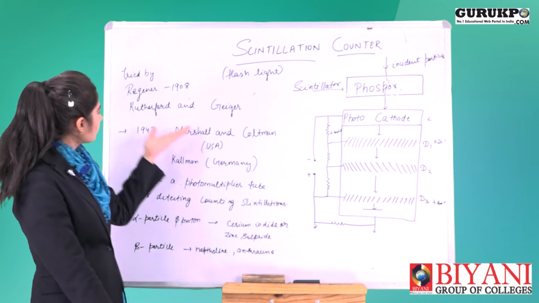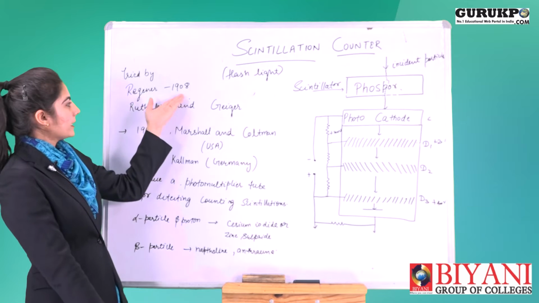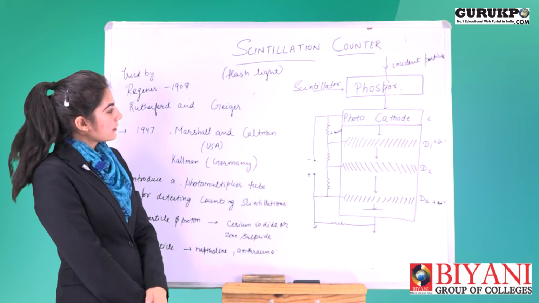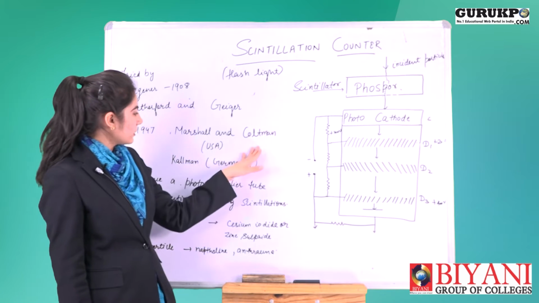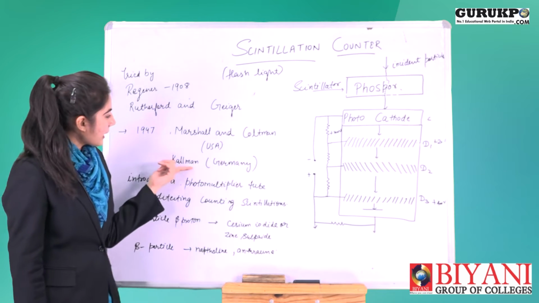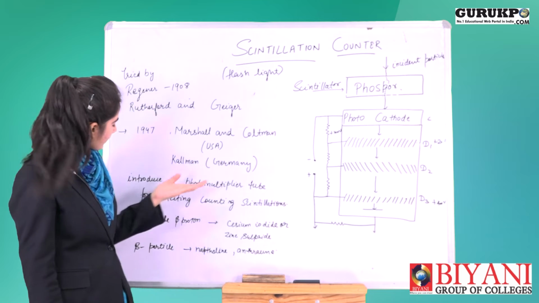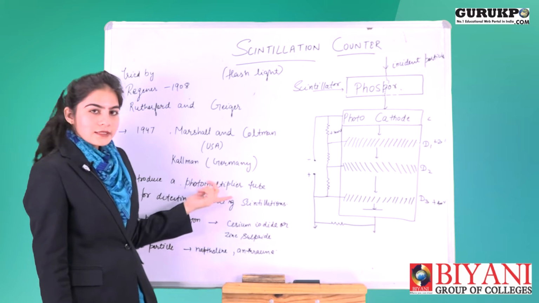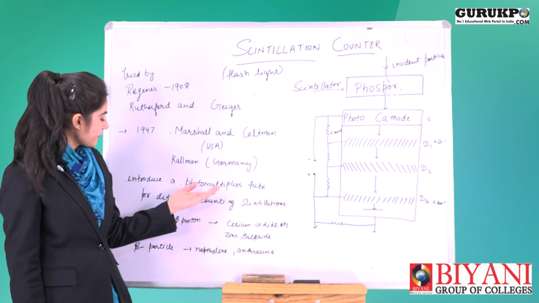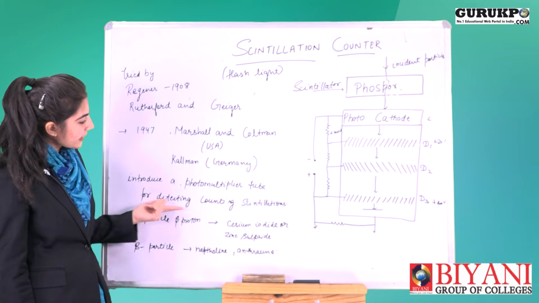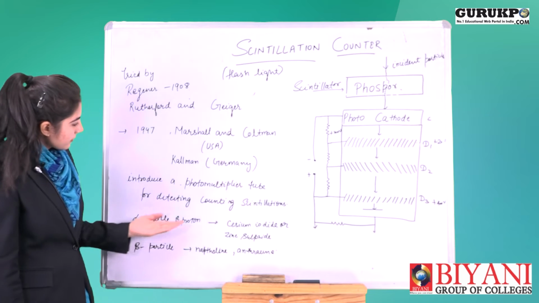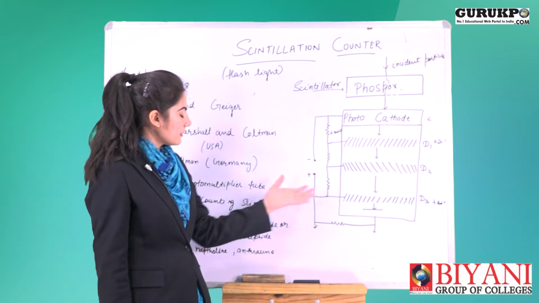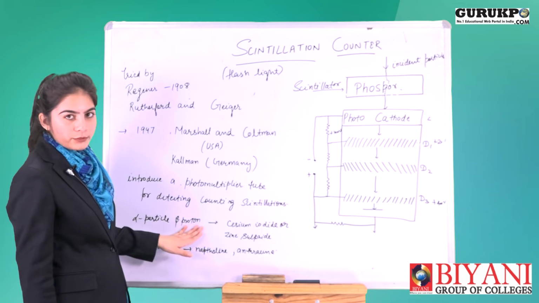For that, Rutherford and Regener in 1908 also tried, but they failed. Finally, in 1947 Marshall and Coltman in the USA and Kallmann in Germany introduced a device, the photomultiplier, which is used for detecting and counting scintillations for different particles, like alpha particles and protons.